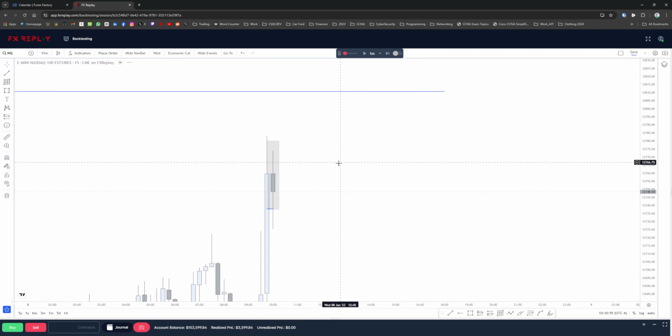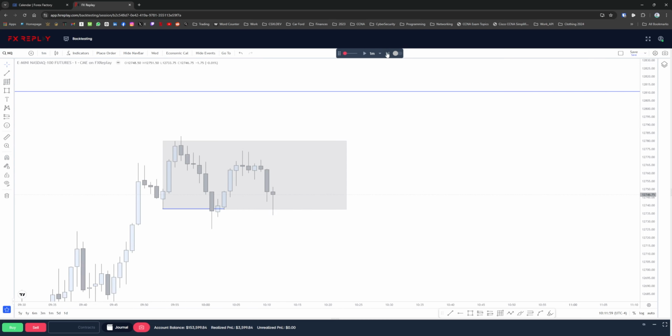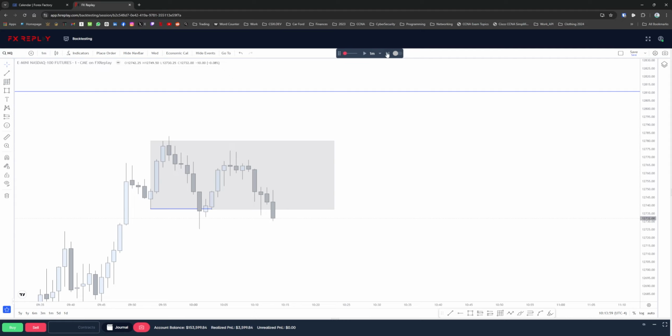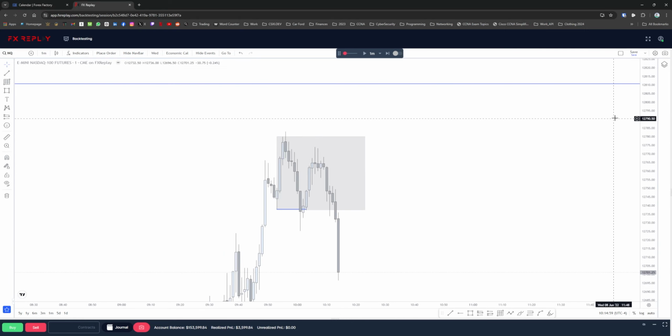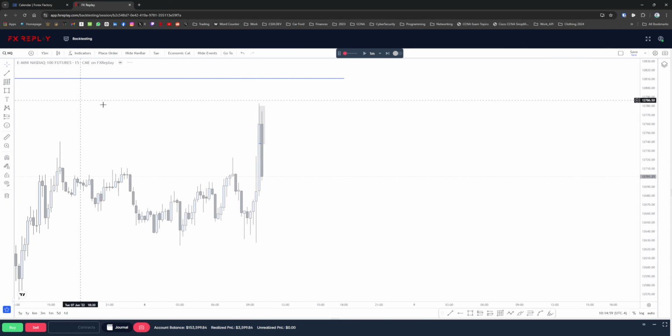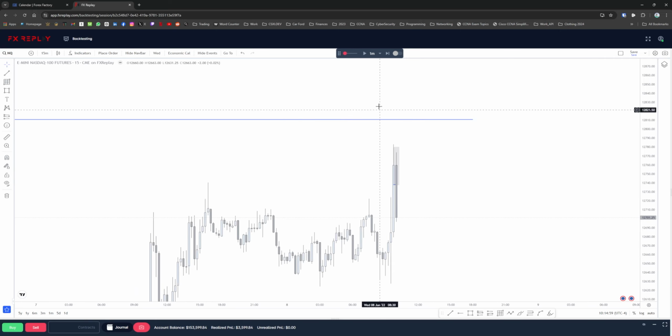Accumulation. There's just nothing here. Remember, there's no news today. There's no driver. Then look, we don't take that high. We do actually end up going lower. See how you had that accumulation, manipulation. Now we're getting distribution potentially down.